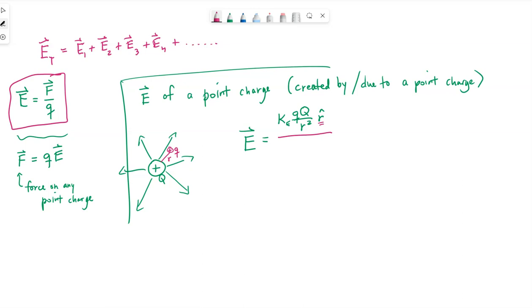Well, the electric field is going to be the force this test charge feels, but taking the test charge out of the picture.